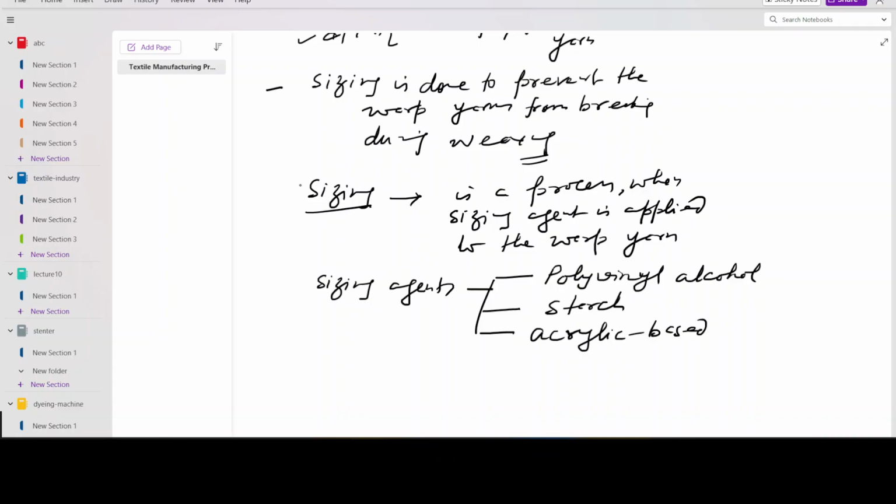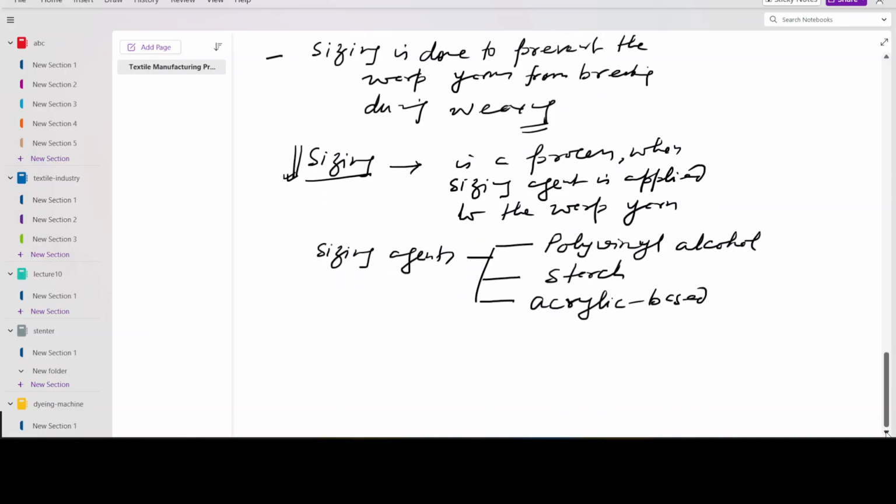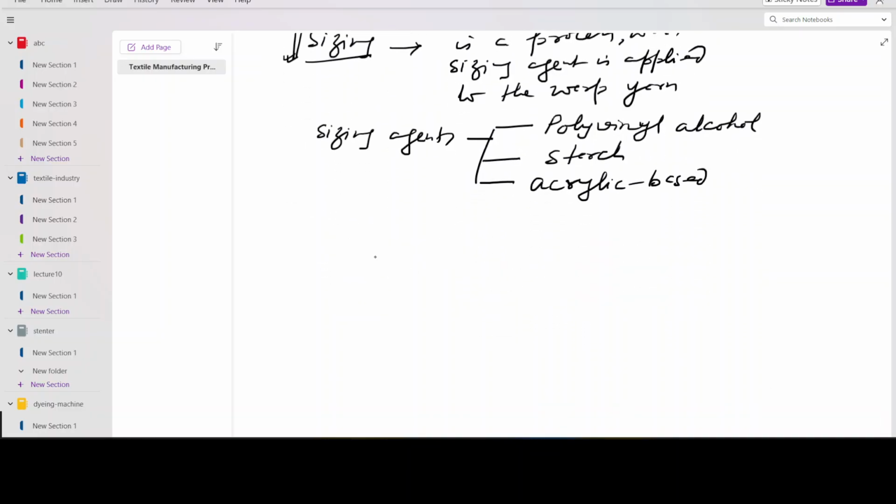So it is important to understand that in weaving we have sizing process, in which sizing agent is applied, and the purpose of it is to prevent the yarns from breaking during weaving.